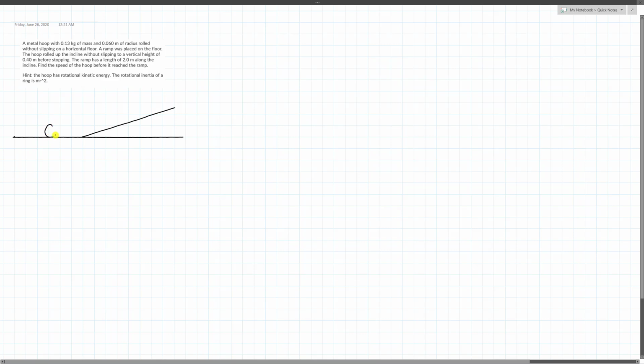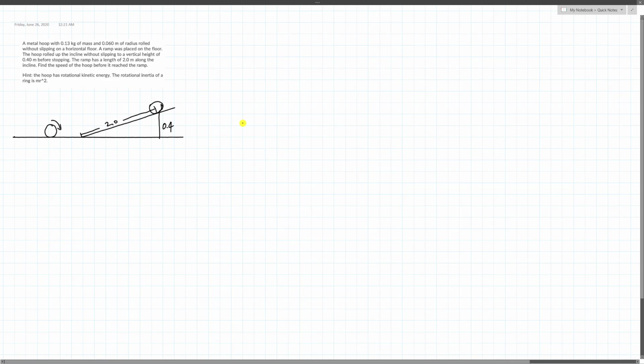We also have a hoop that rolls forward. So we have a height of 0.4 meters. So this is 0.4, and the length is 2.0. So the hoop rolls and it kind of stops here. So let's just draw the center of the hoop here as it stops.